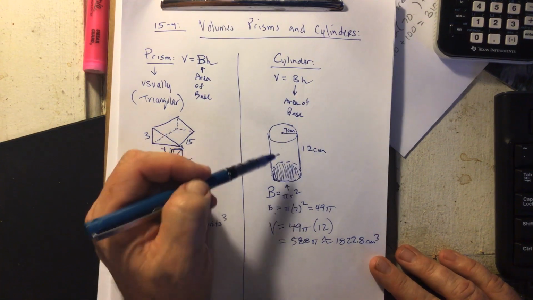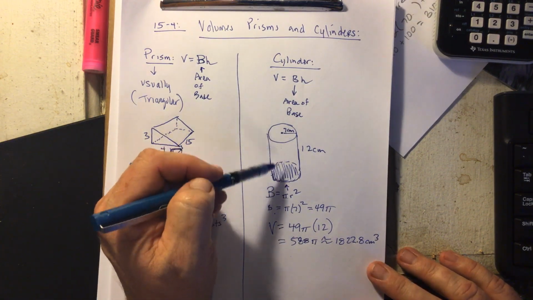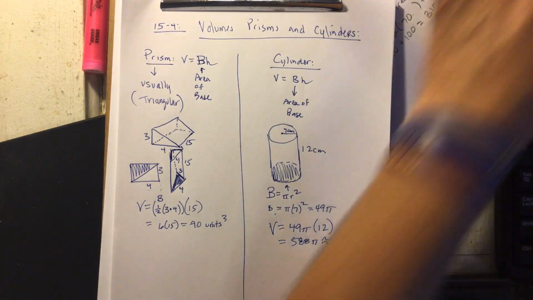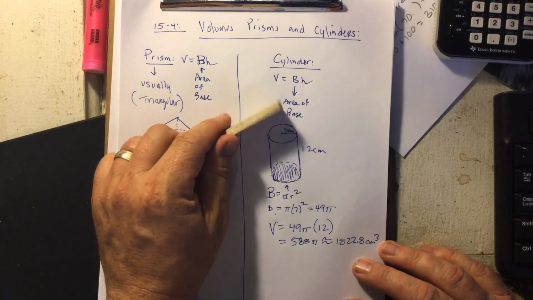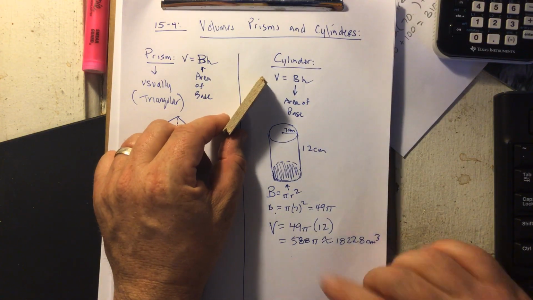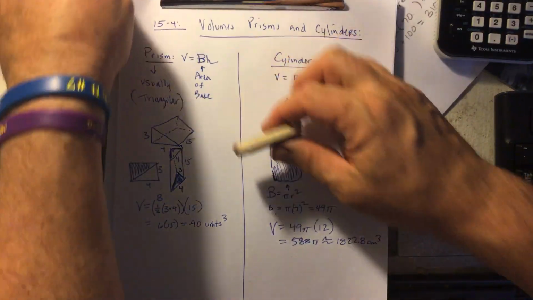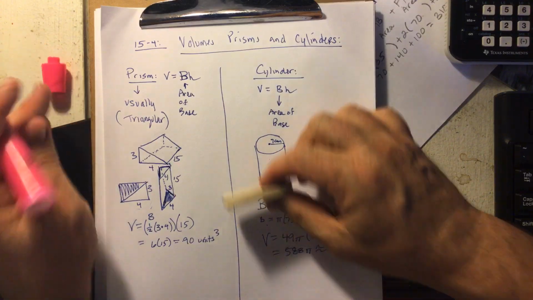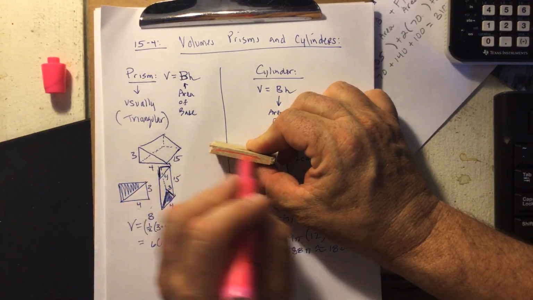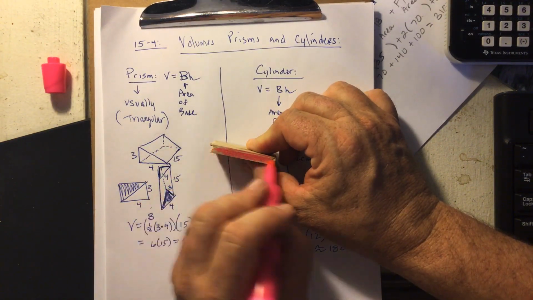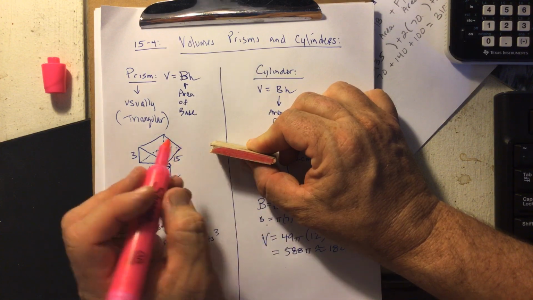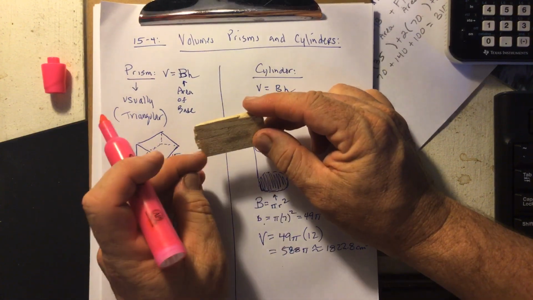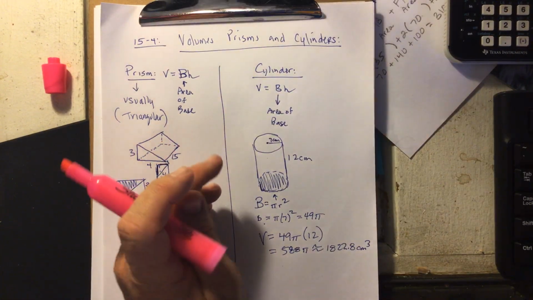Okay, so again, when we're dealing with volumes and prisms, we're talking about finding the area of the base and then multiplying it by its height. It doesn't matter what shape you're dealing with. So if I want to find the volume of this piece here, I would find the area of this rectangle and multiply it by the height, and that would give me the volume.